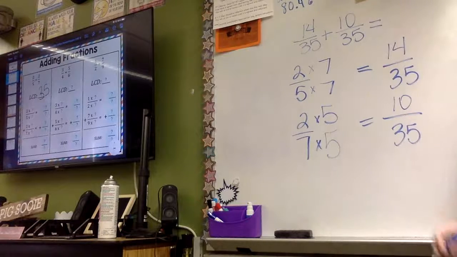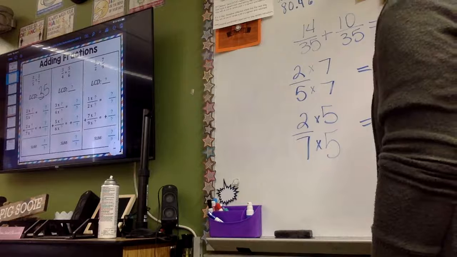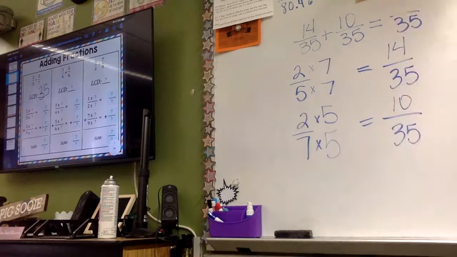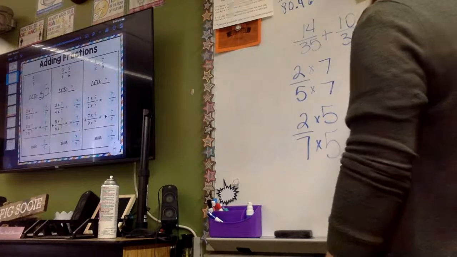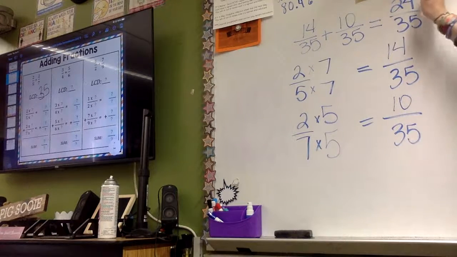Do I add my denominators? No. I spent all that time trying to find that common denominator. I'm going to keep it. So I know my denominator is 35. I add my numerators and get what? 24. So my answer is there.